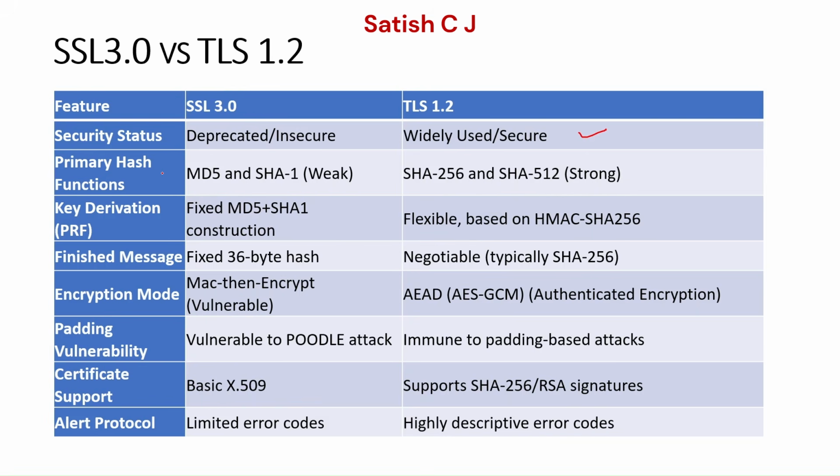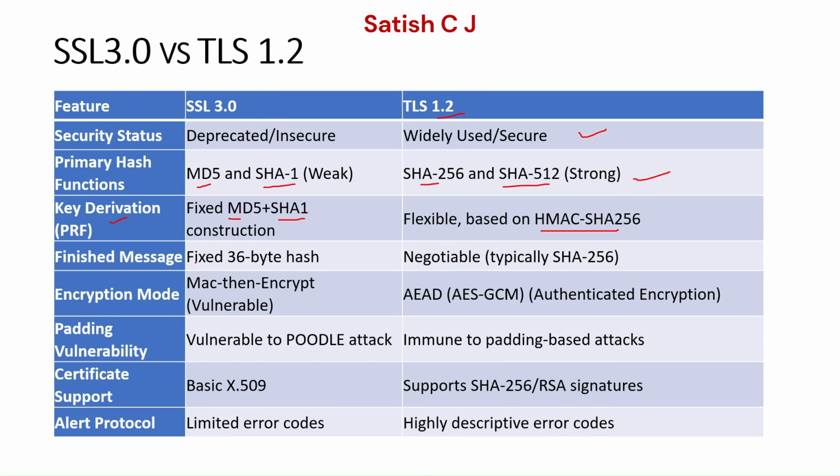Here the hash functions used in SSL 3.0 were MD5 and SHA-1, whereas in TLS 1.2 it's the more secure SHA-256 and SHA-512. And for key derivation, we are talking about the pseudo random function. In SSL we use a fixed MD5 plus SHA-1 construction, but here we use the more flexible HMAC and SHA-256 version.